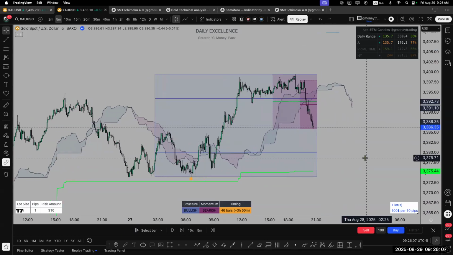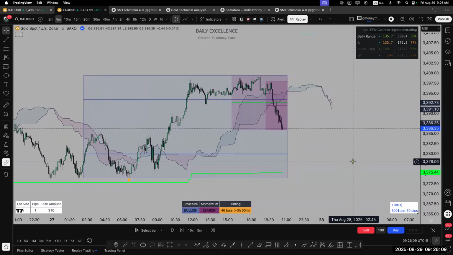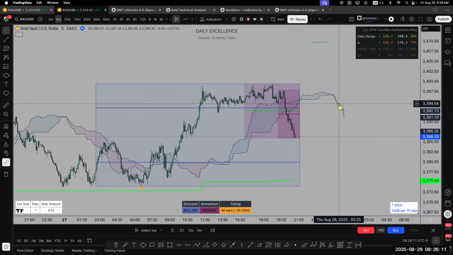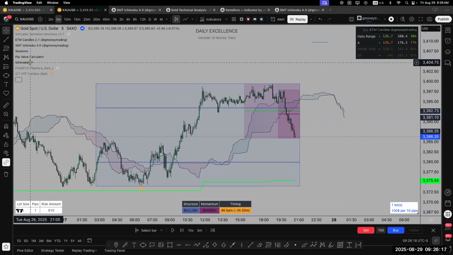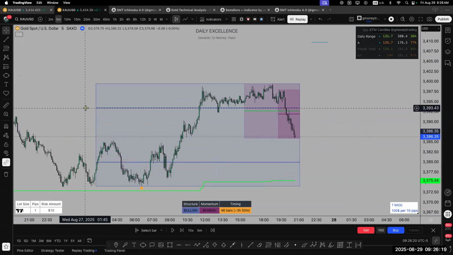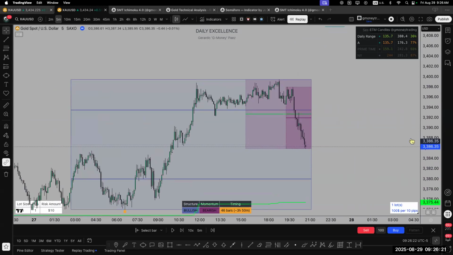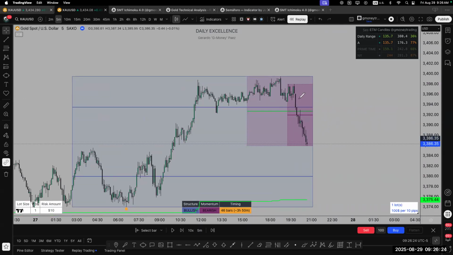A cloud twist to the downside. You see the cloud? Bearish cloud. But specifically, this is bearish because the midpoint, the 17 mid, is below the 52 mid. Everybody got that? That's the reason why the momentum is bearish.